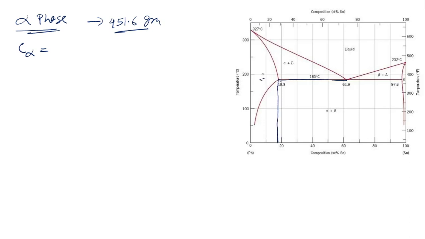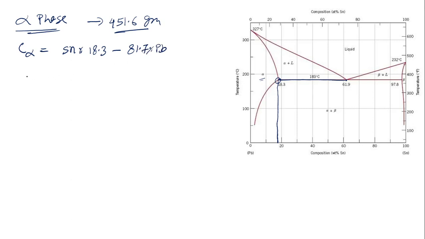So here corresponding to this point we have composition of Sn, like Sn percentage is 18.3 and the remaining 81.7 percentage is Pb. Okay, simply 100 minus this amount.